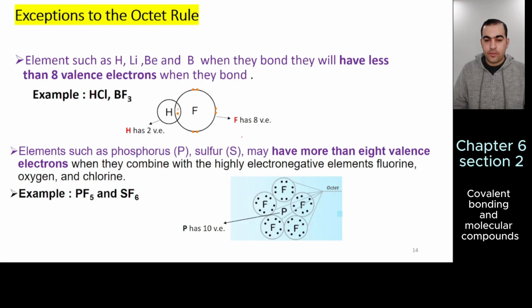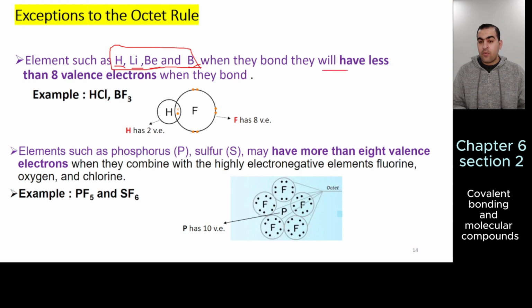Exception to the octet rule. Not all atoms, when they bond, are going to have 8 valence electrons in the last shell. No. Elements such as hydrogen, lithium, beryllium, and boron, these 4, when they bond with other atoms, are not going to have 8 electrons. They will have less than 8 valence electrons.